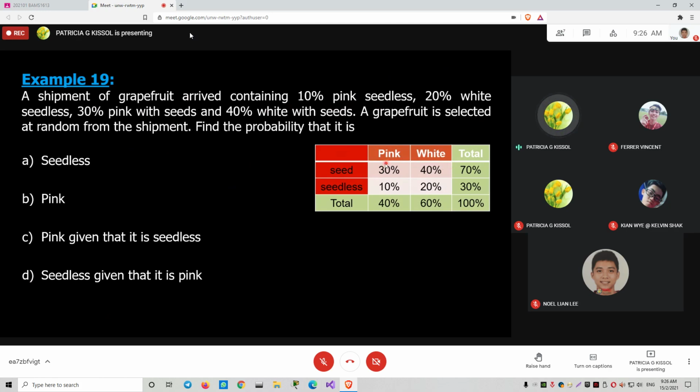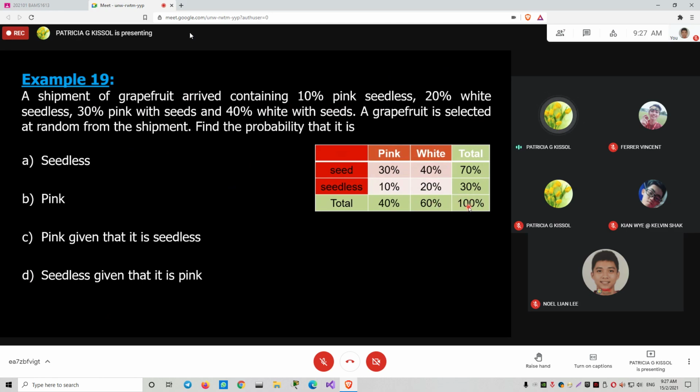So what we got is 30% plus 40%, which gives 70% for the seeds. Seedless would be 10% plus 20%, which gives us 30%. When you total this up, you get 100%. Same thing, there are pink 40% and white 60%. Again, when you add these two, it will be 100%.